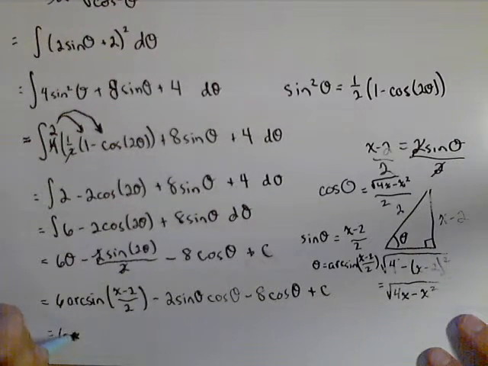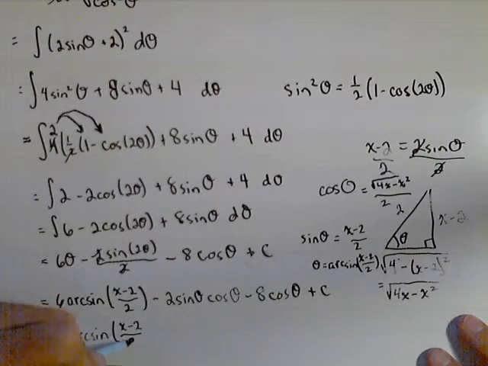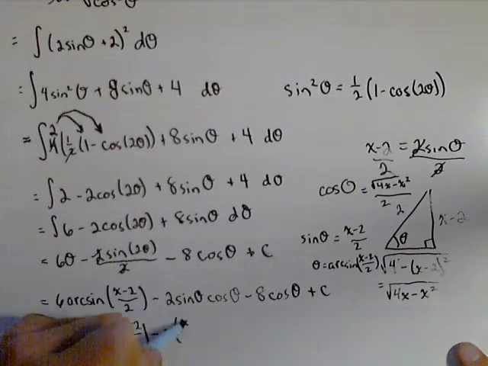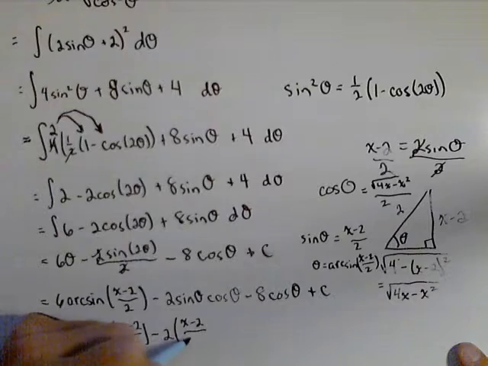So we have 6 arc sine of x minus 2 over 2 minus 2. Now sine theta is x minus 2 over 2.